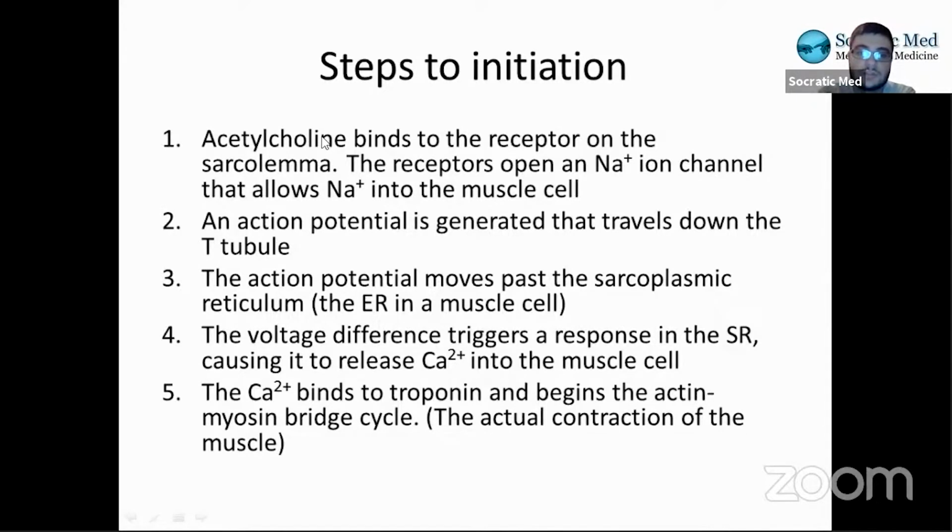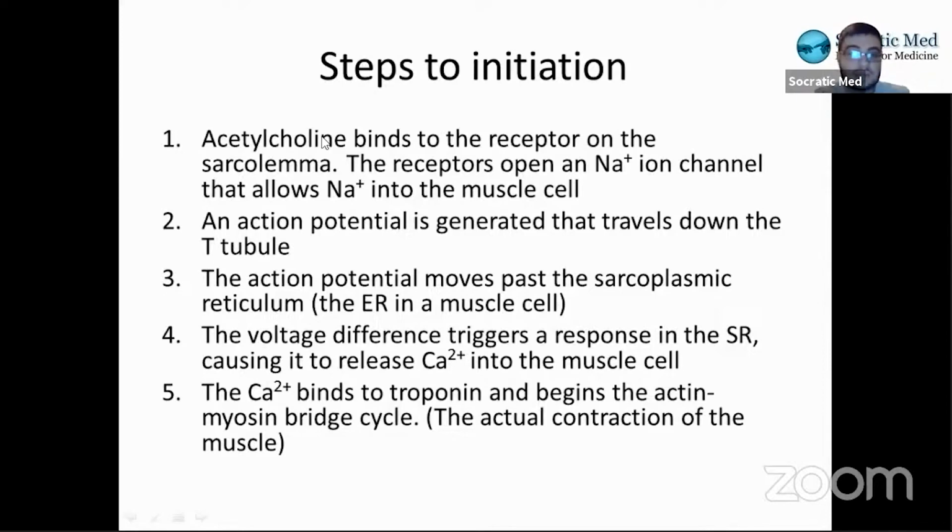Then an action potential is generated because of the influx of sodium. An action potential is generated that travels down the T tubule, which is just a tubule that runs throughout the muscle fiber and carries the action potential, somewhat similar to how axons carry it in our body. The T tubule carries it through the muscle fiber, right?